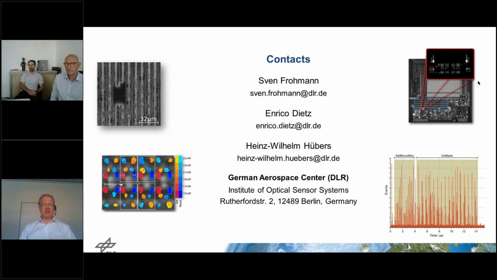So we have to compromise somehow. This was one of the limitations for us. But in general, yes, these ICs have to be certified.